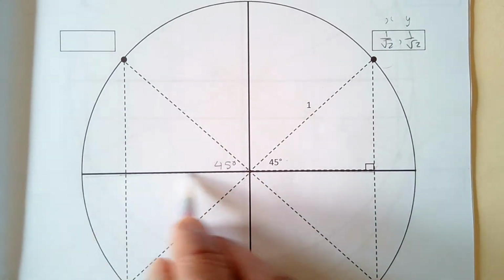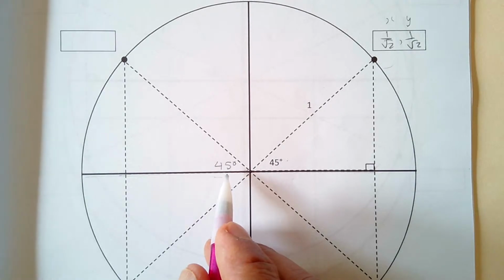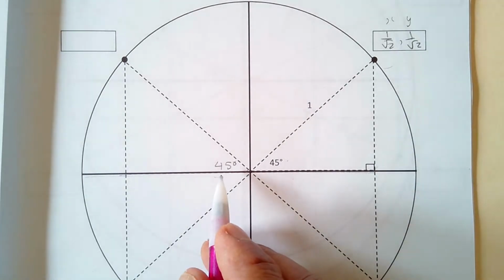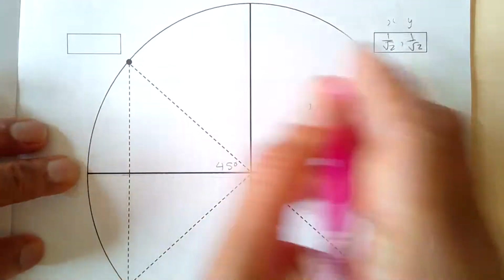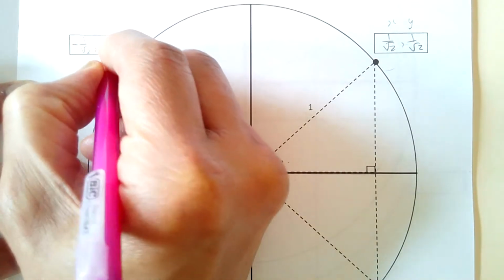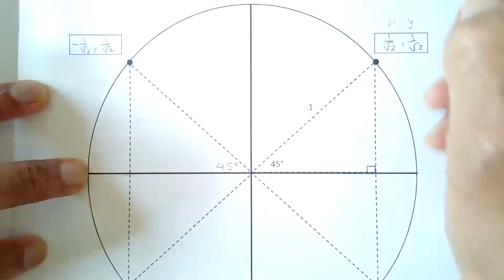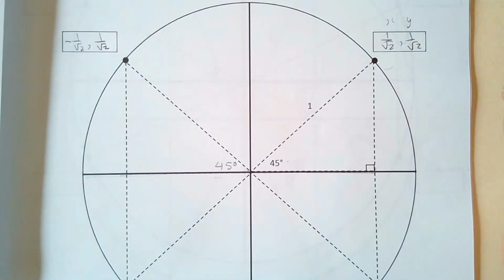The x values over here would be negative, because we are on the negative side. If x is negative, this becomes negative 1 over root 2. By the way, I'll show you what these are, cosine, what they mean.